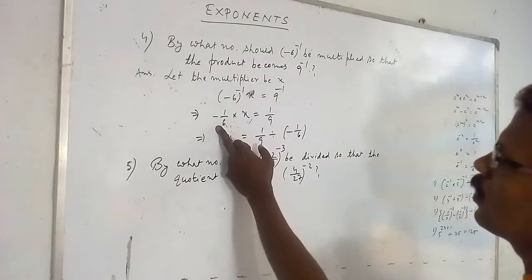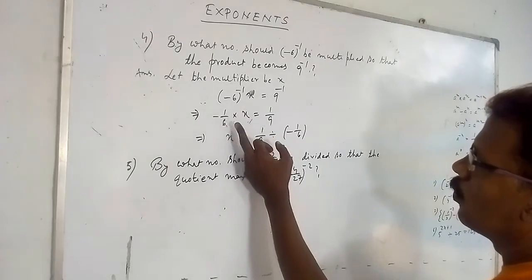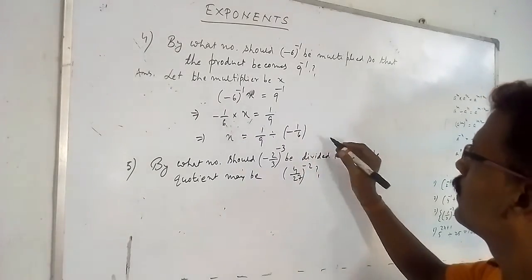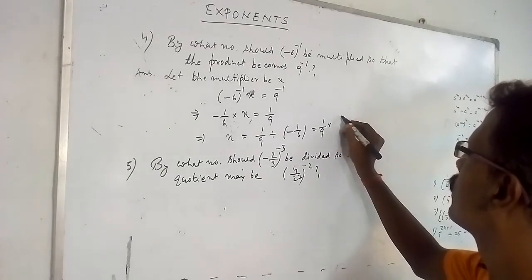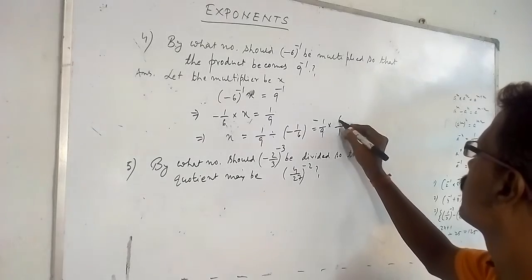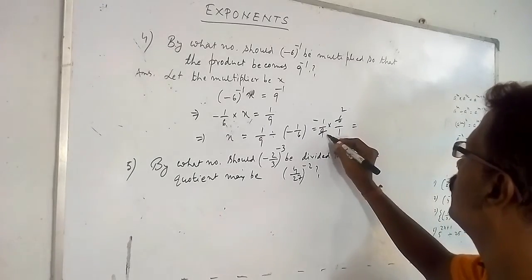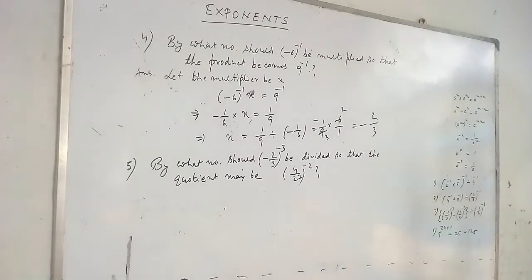Anything which is multiplied on the left hand side, when it is shifted to the right hand side, must be divided. The answer is 1 by 9 into 6 by 1, and the sign is minus. Cut it by 3: minus 2 by 3 is your answer. Okay, minus 2 by 3 is your answer.